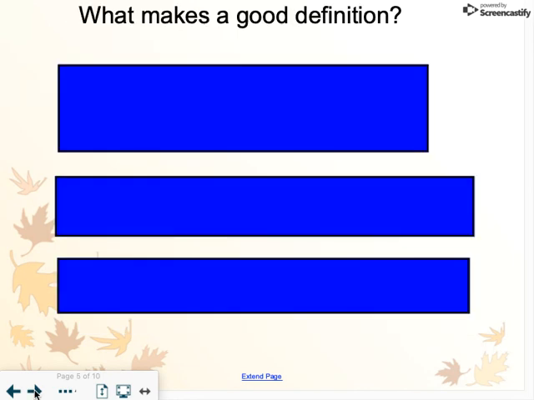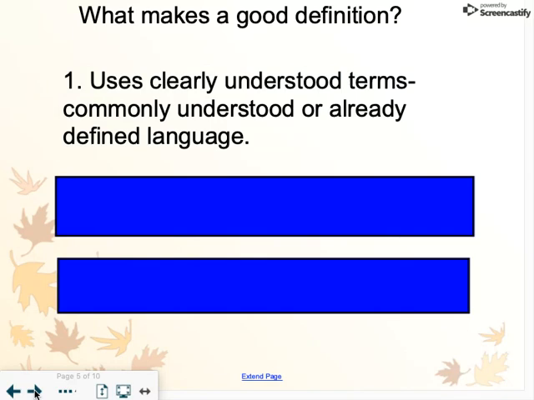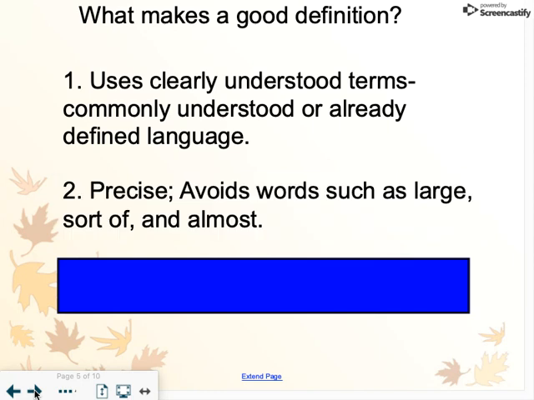So now talking about a definition. When we look at something, what makes a good definition? There are three parts to it. First part is it uses clearly understood terms, commonly understood terms, or already defined language. So they're using things that we know already. We don't have to look up terms or things like that.